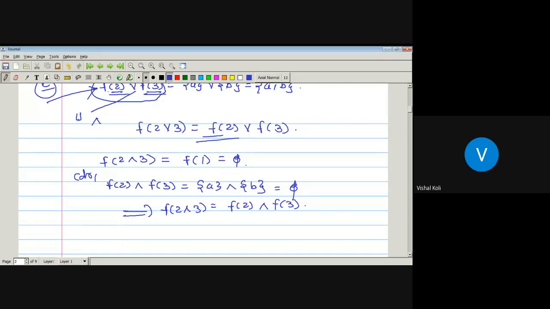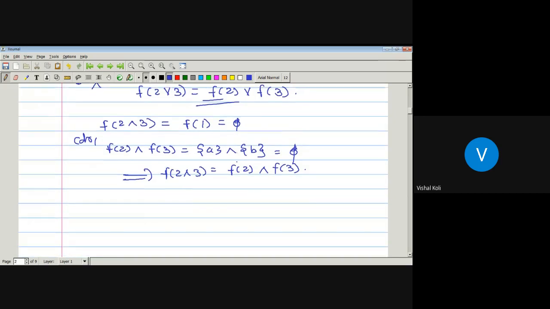If we take instead of 2 and 3, if we take 1 and 6, then also it is true. Okay. So from that one, we say that the corresponding function f is a homomorphism from lattice L1 to L2. So the mapping is 1, 1 and 1, 2.